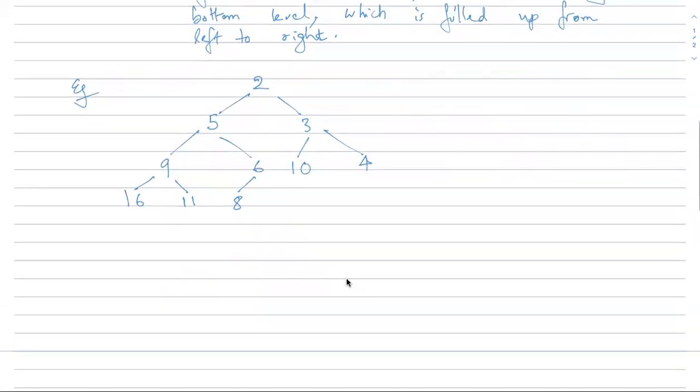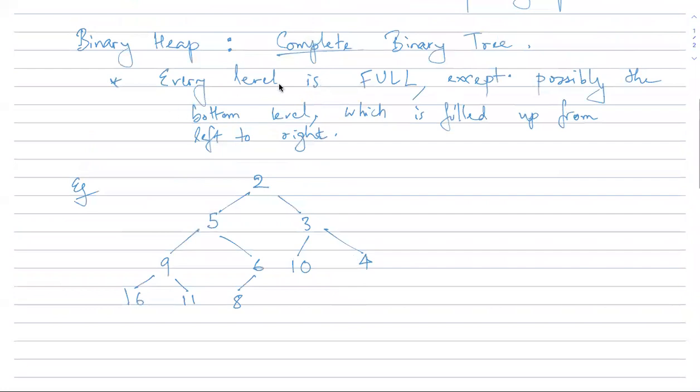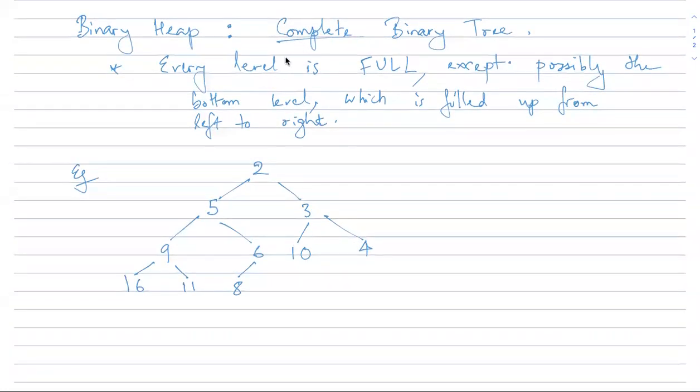So apart from the property of the binary tree, as you can see, it is filled up from left to right. It is complete because all the levels are full except for the leaf level, which is also filled up from left to right.